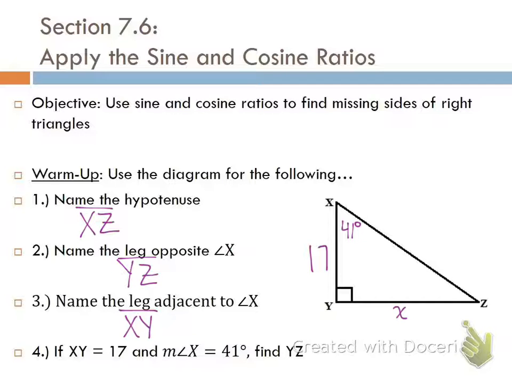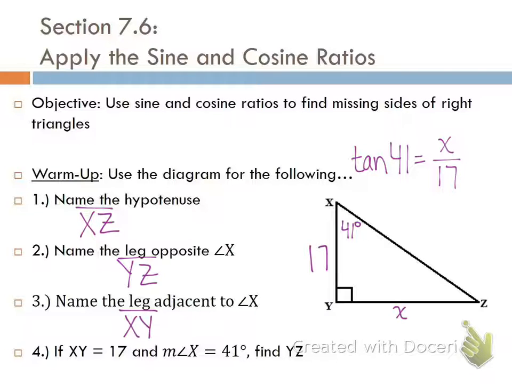Tangent. Next to tangent, or any trig function, always goes an angle. Tangent of 41 degrees is equal to, good, the opposite side we labeled with an x, that's our unknown, over the adjacent side, which is labeled 17.